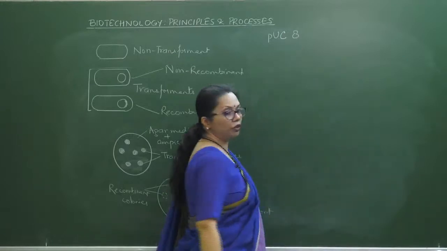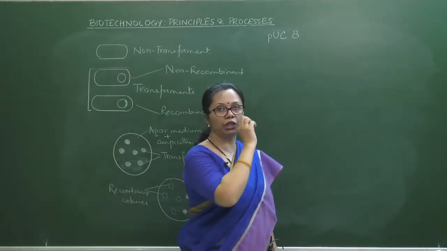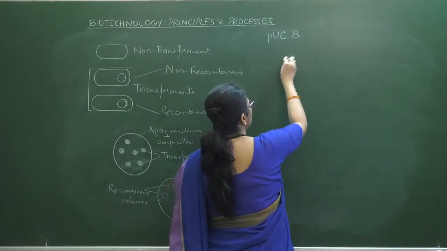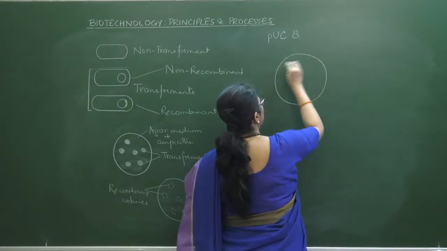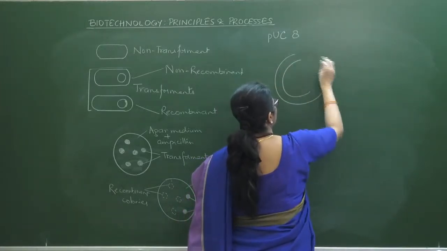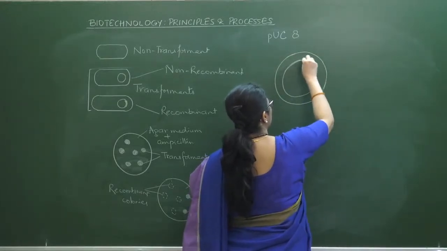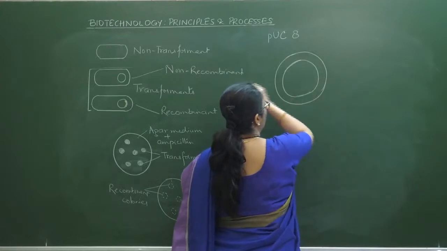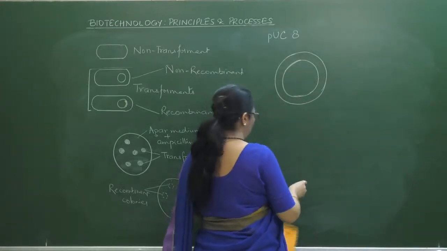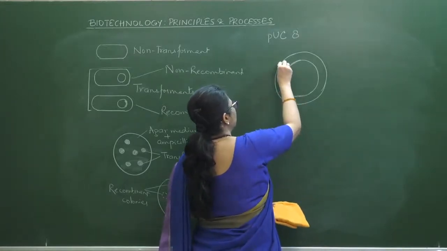pUC8. This one was prepared in the research lab of the University of California. So UC is University of California. Now this is a comparatively smaller plasmid. And in this, one thing is the same, that is the ampicillin resistant gene is still there.